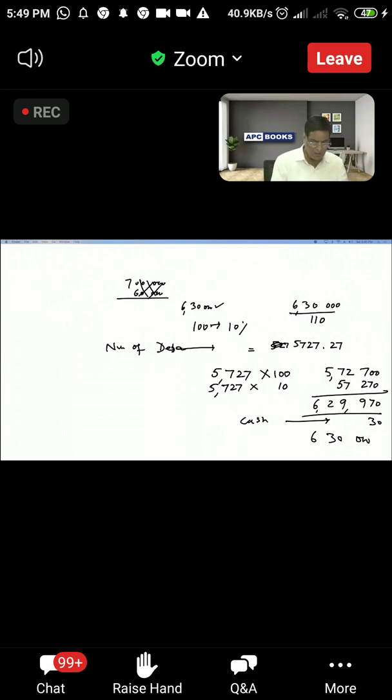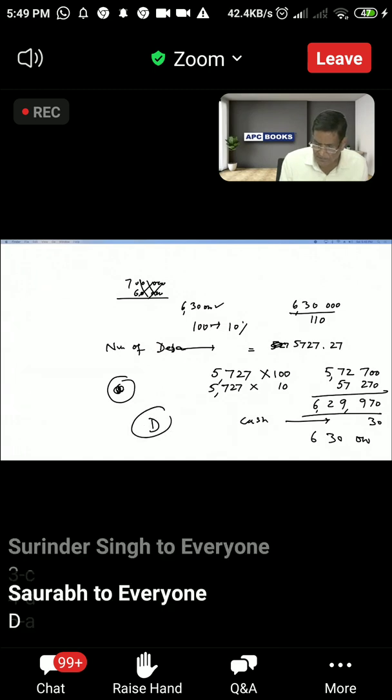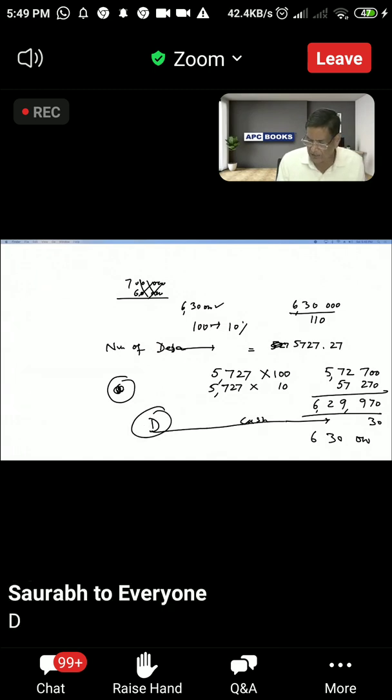So what is the correct answer? Correct answer is C. Sorry, answer is D. D option, in which 30 cash has been given.